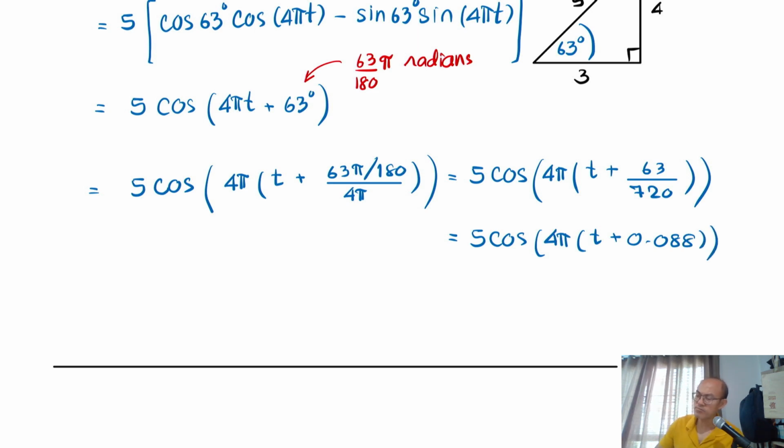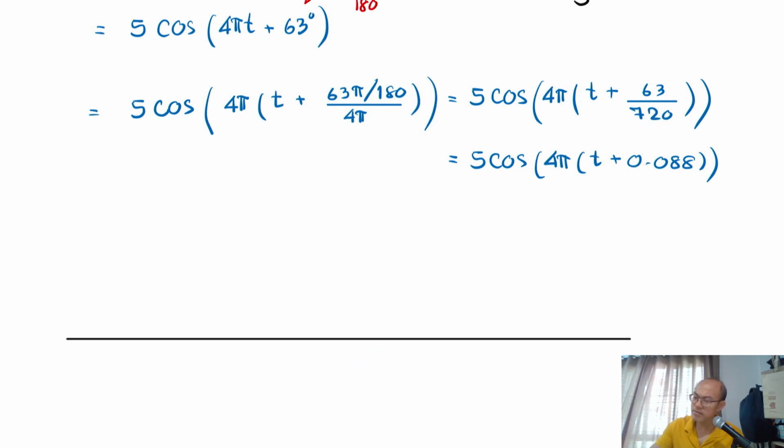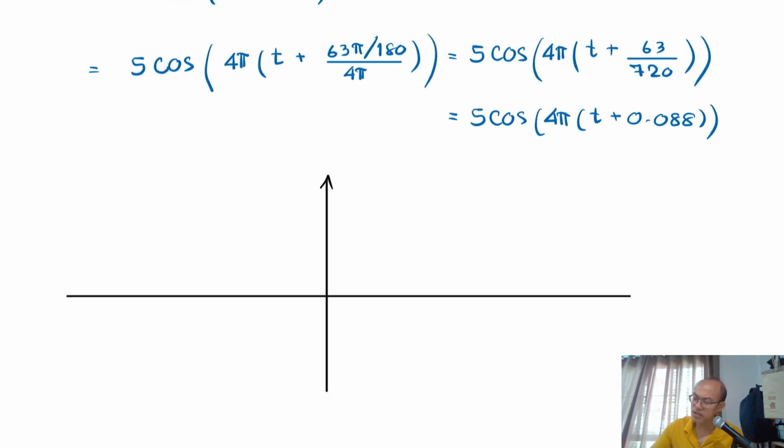Now let's plot this one. Now if we plot this one, we're gonna start with the graph of cosine. Okay, the graph of cosine is this one. This is the graph of cosine.